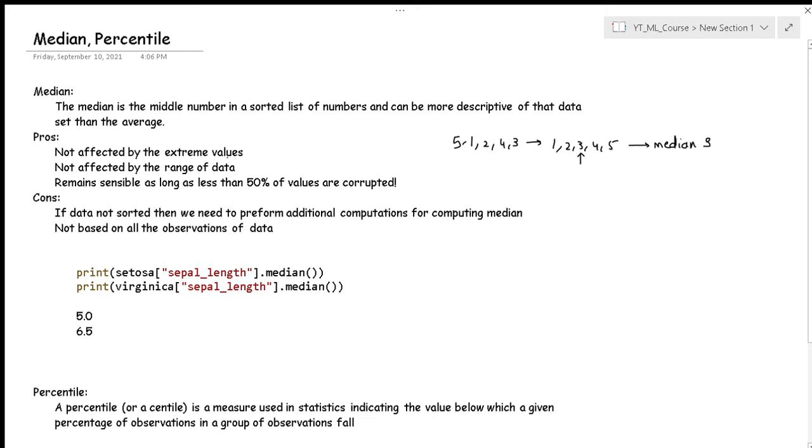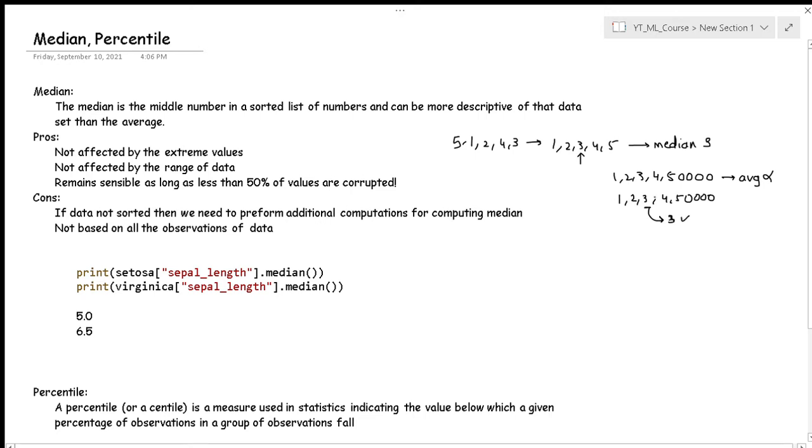See, in average we know that if I had 1, 2, 3, 4 and say 50,000, in that case the average would be skewed very badly, but median is not like that. After sorting, 1, 2, 3, 4, 50,000, and still the median is 3, and it's a good representation of the overall data set.